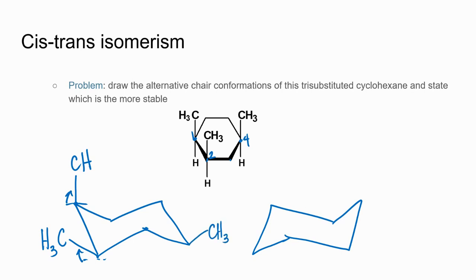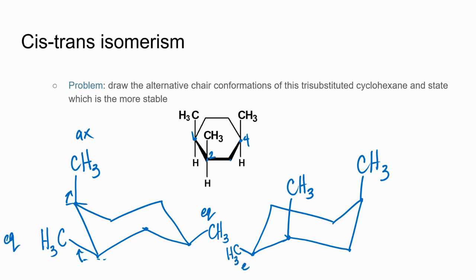Okay, when we flip it, what we should notice right now is we've got an axial, equatorial, equatorial. We know everything is going to flip. This equatorial at the foot is going to come to the head of the chair and be a methyl axial. When we skip that, that was our 3-carbon. Right in here, our equatorial is going to become our axial up. And right in here at the foot of the chair, well, that used to be the head of the chair. It used to be axial. Now that's an equatorial methyl.